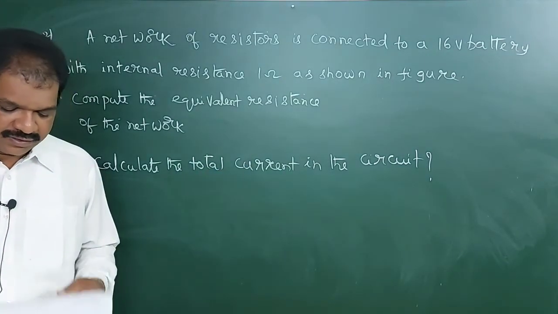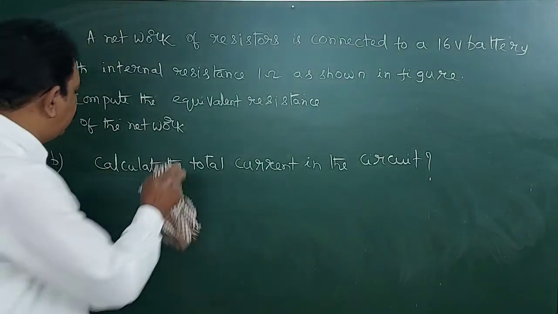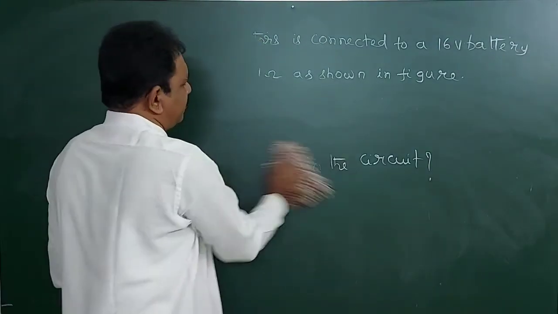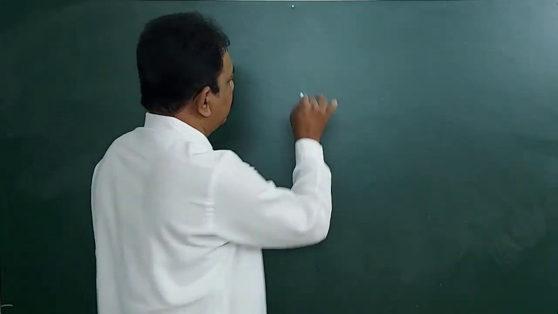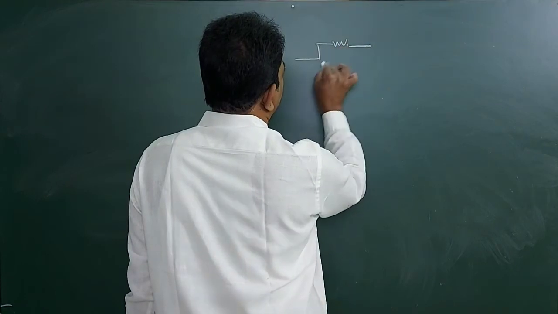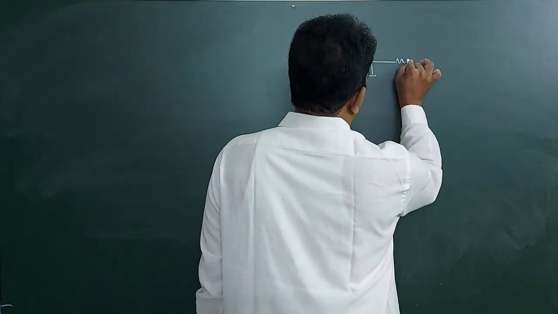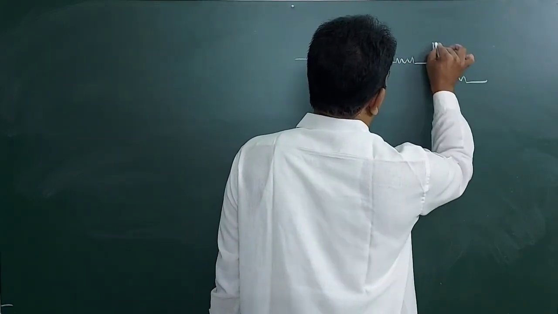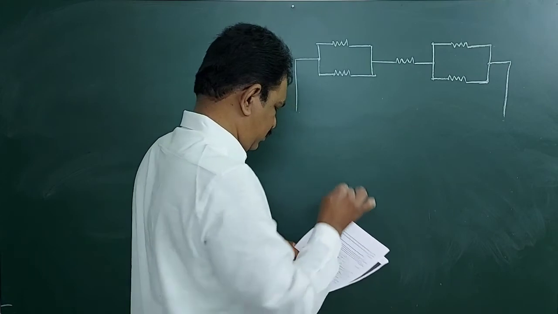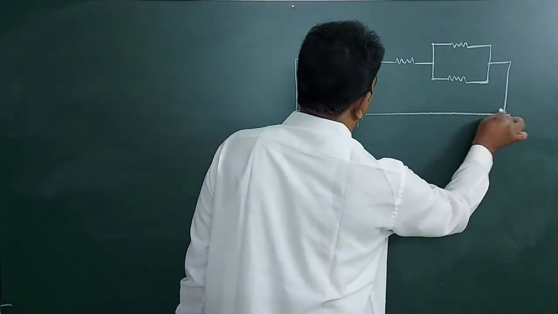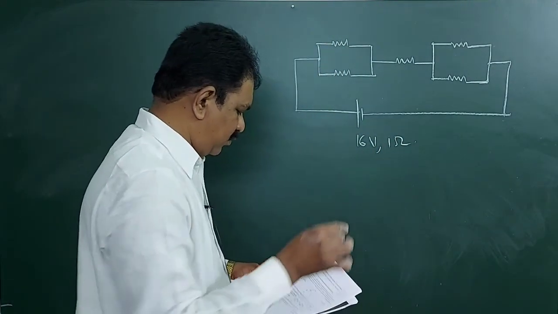What is the network? We will see. I will draw that diagram. First you write this one. Then the diagram here is: these are 4 ohm, 4 ohm.